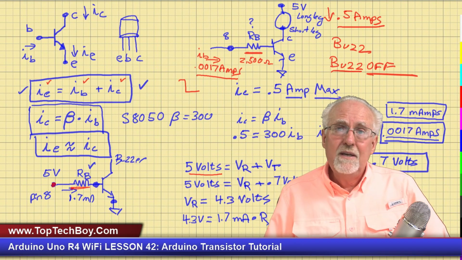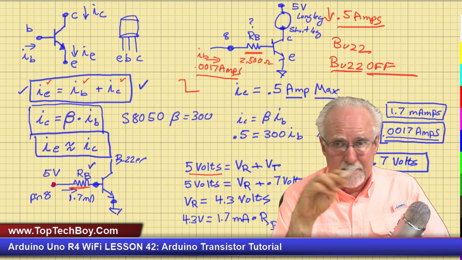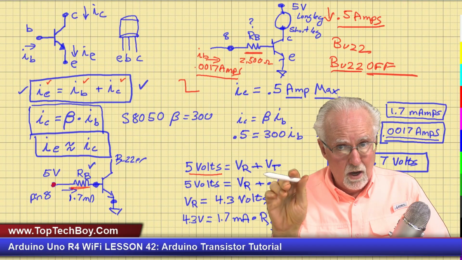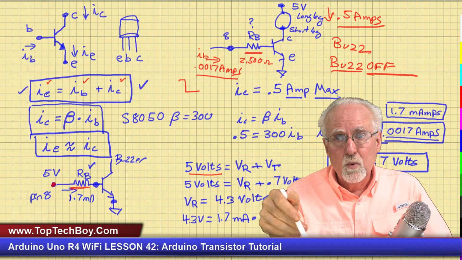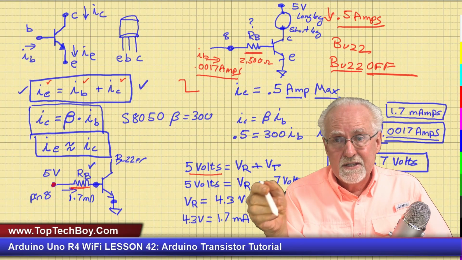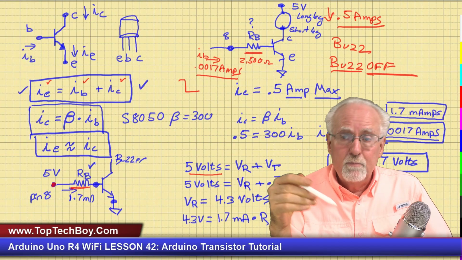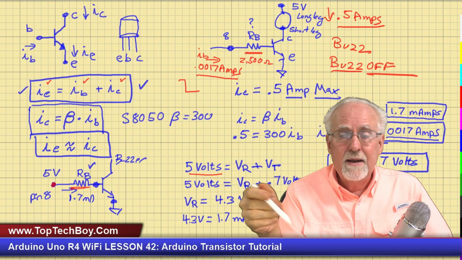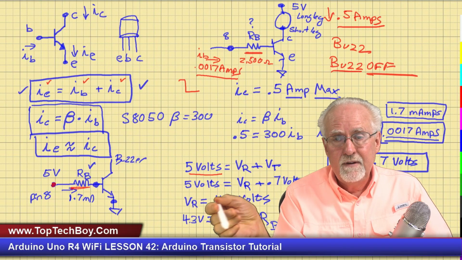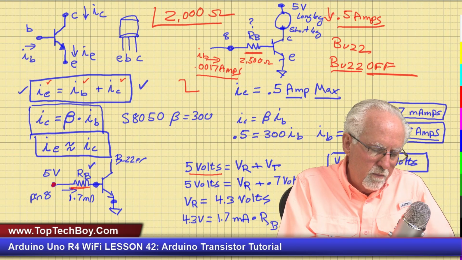Well, you can see that if I use a 2,000 ohm resistor, my pin 8, my GPIO current is going to be below 8 milliamps, and my collector current to run the buzzer is going to be less than 0.5 amps, and that's more than what I need to run the buzzer, which is like 50 milliamps. So now you know why I am going to use a 2,000 ohm resistor.